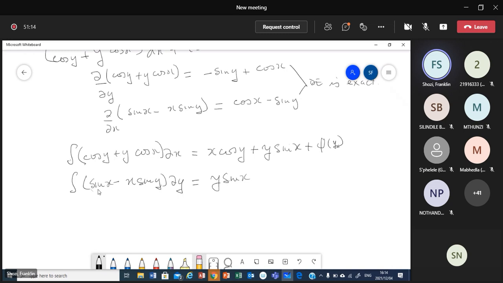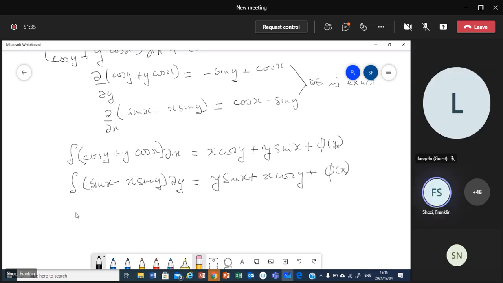And with respect to y, this one x out of the integral side, what is the integral of sin y? Is negative cos y. So it's negative cos y with that negative, so it becomes plus x cos y. Plus phi of x.